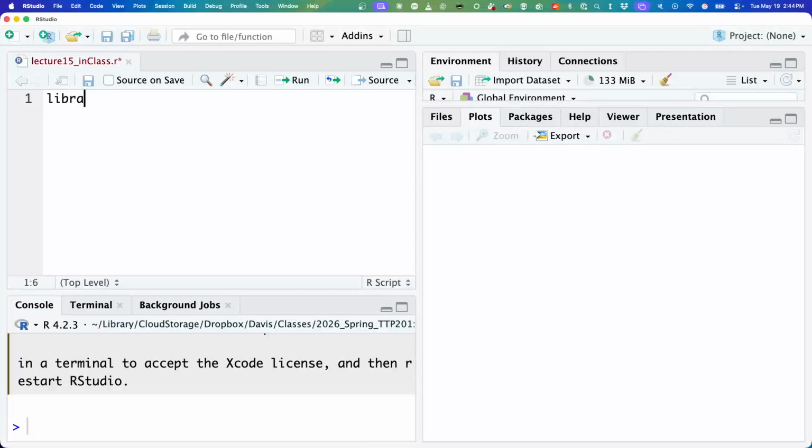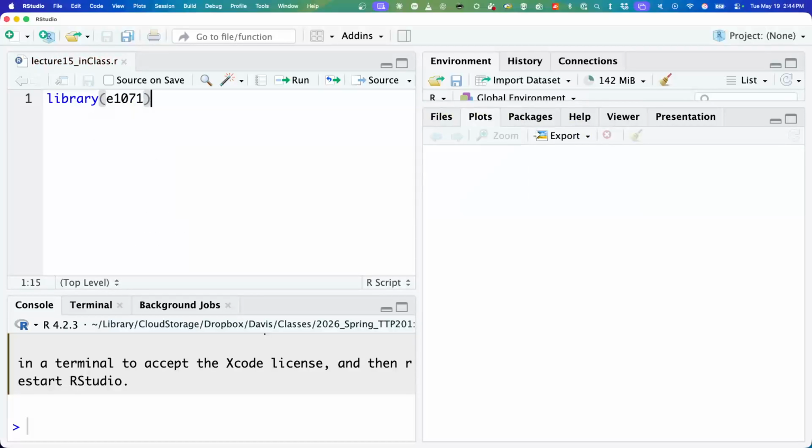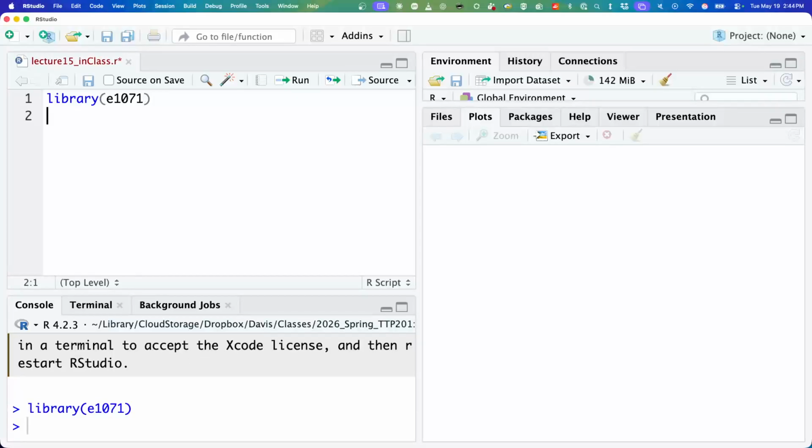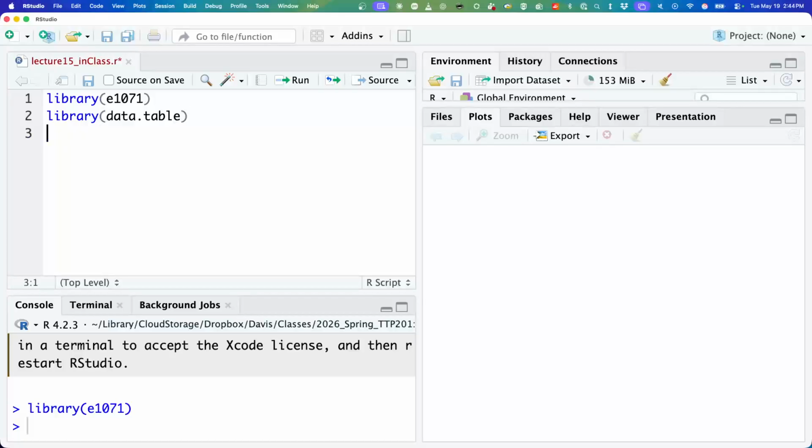So just note that you might need to download that. We're going to use the e1071 library. This is the library that has a lot of the functions to do SVMs and SVCs. And then we'll use ISLR and ggplot for graphing.